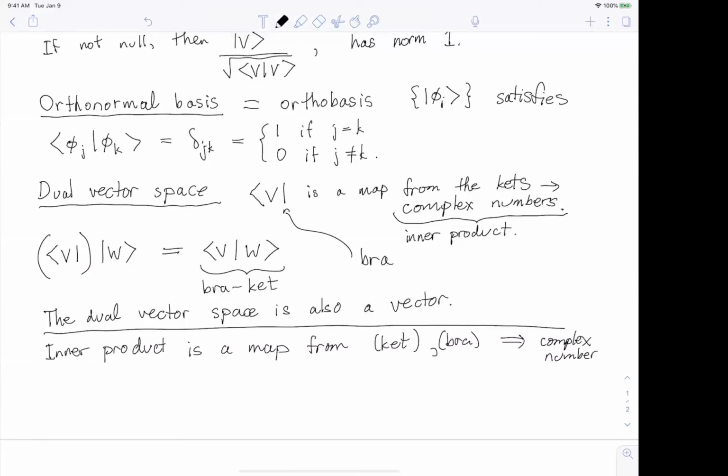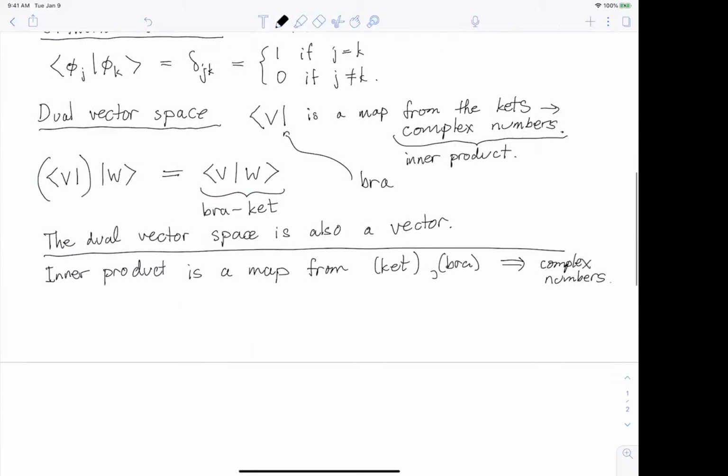So that's saying, given a ket and given a bra, the inner product tells you a complex number. You can also think of it as just given two kets, you get a complex number, or two bras, you get a complex number. And the reason those are all the same thing is just because of the way that the dual vector space is defined right here. Okay.